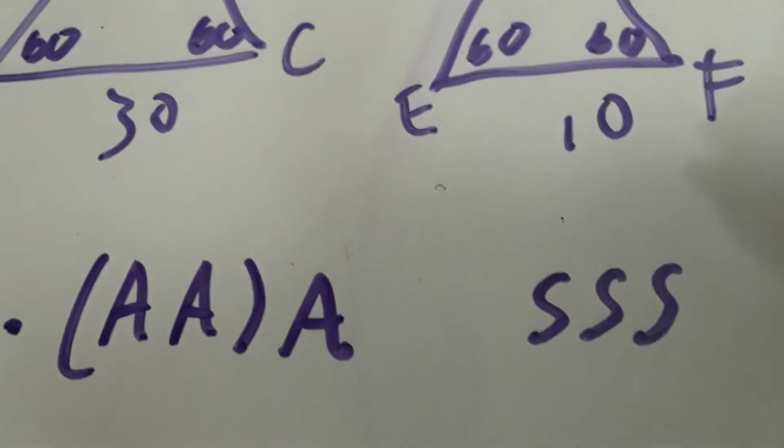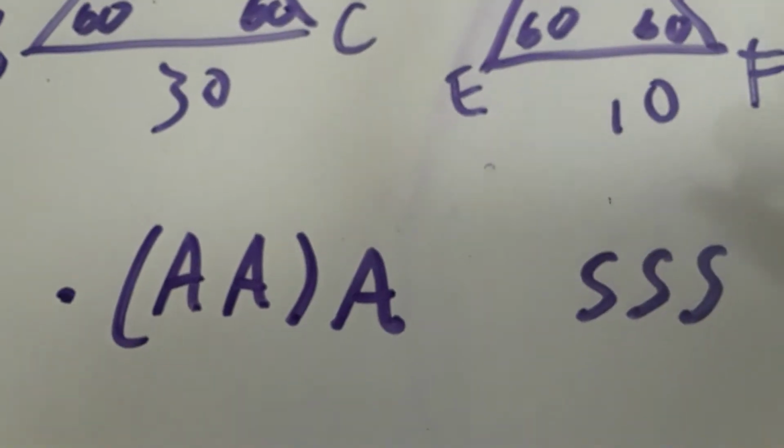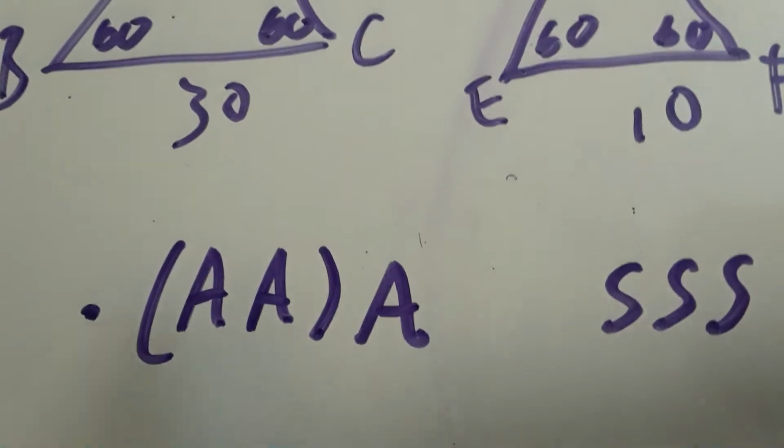So one way you can prove triangle similarity is to simply prove that two corresponding angles are equal.